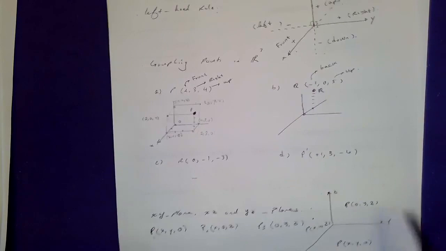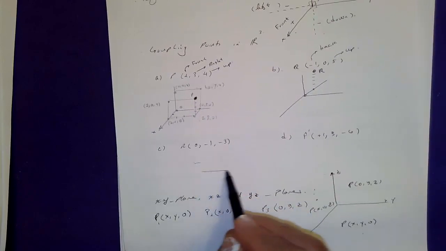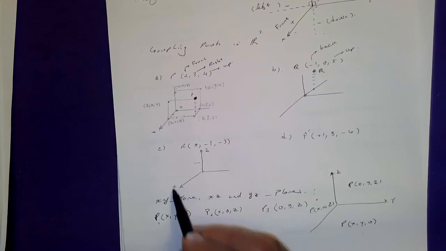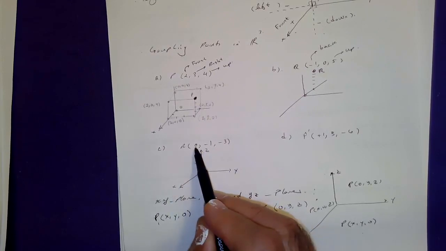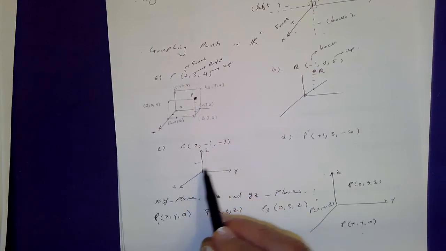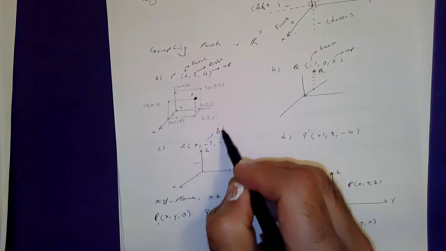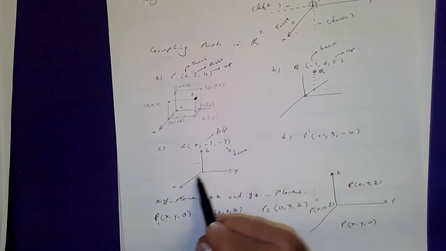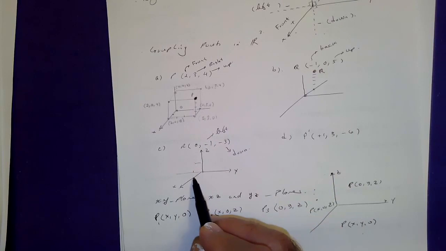Do you see it? Here is the three-dimensional axis, Z, X, and Y. You don't go back or front, but you go left. So you go left 1, down 3, right about 1, 2, 3, right about here.